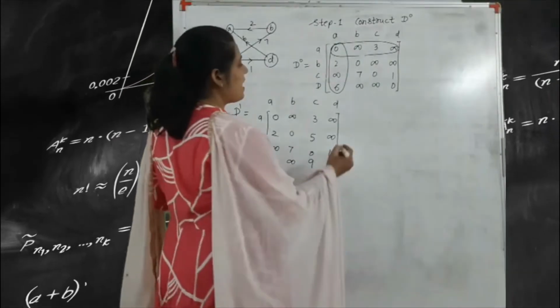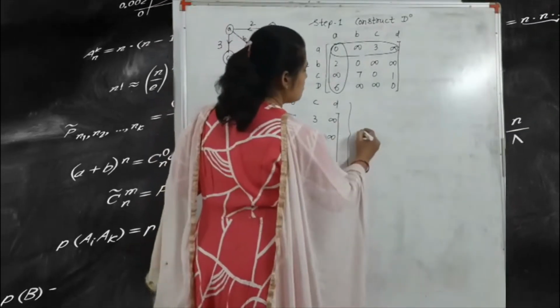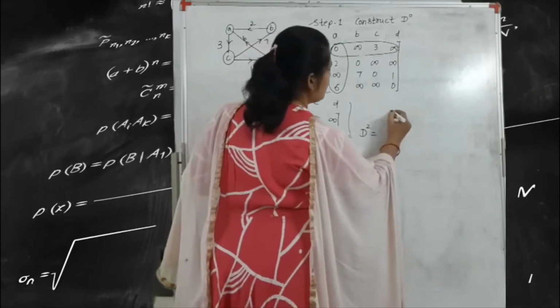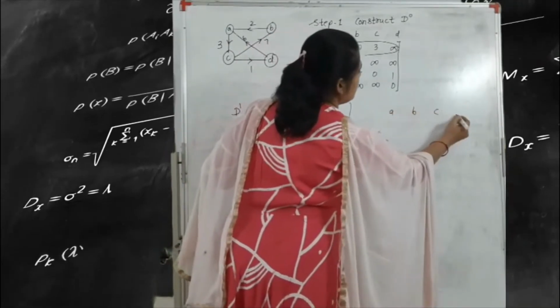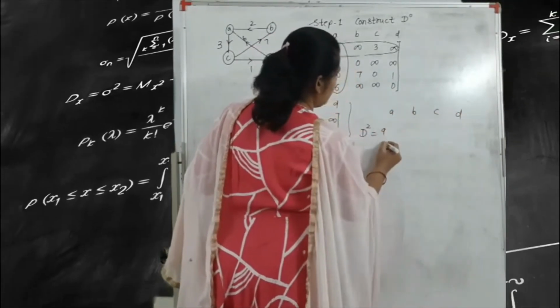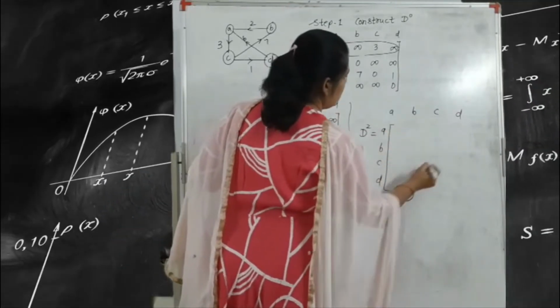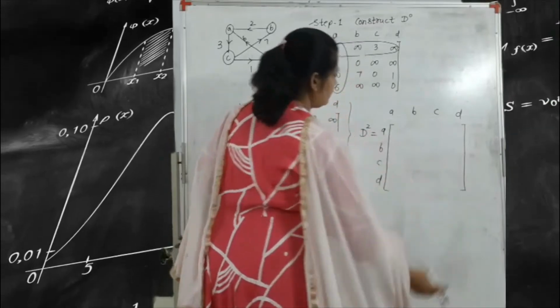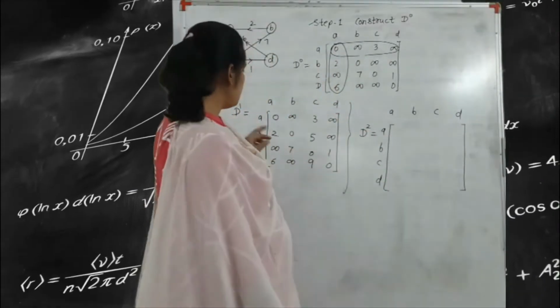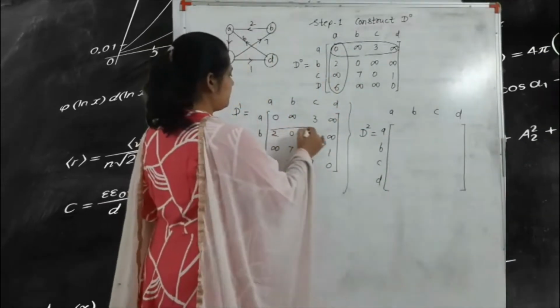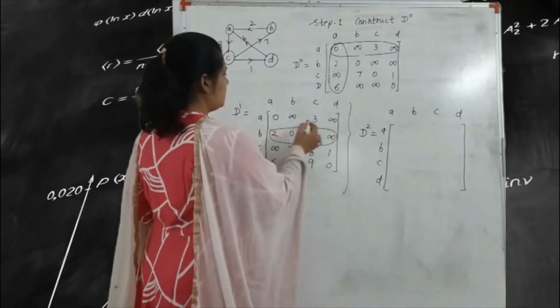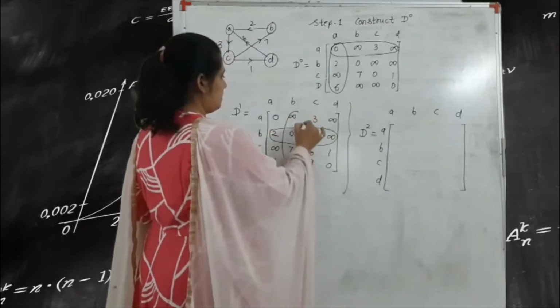Next we find the D2. For finding the D2, again we write A, B, C, D and A, B, C and D, and we write the matrix form. You highlight the second row and second column.